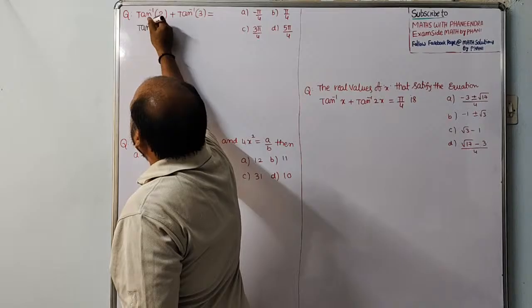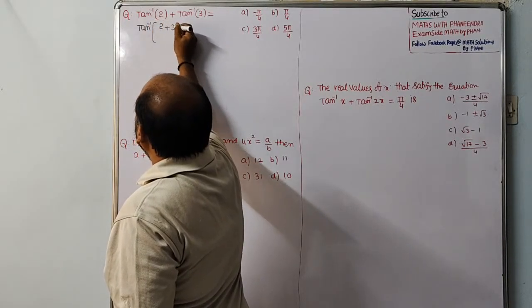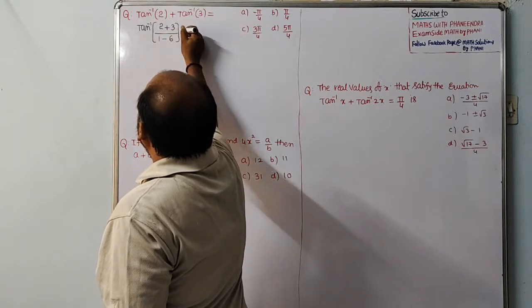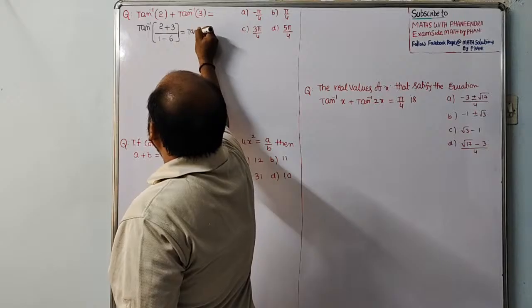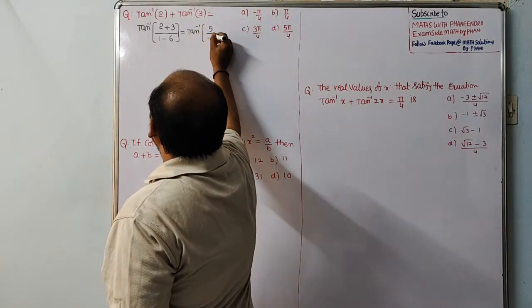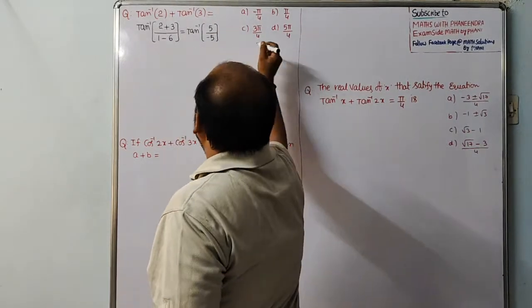So, tan inverse of (2 plus 3) divided by (1 minus 2 into 3), which is equal to tan inverse of 5 by minus 5. Here you remember 1 minus xy.